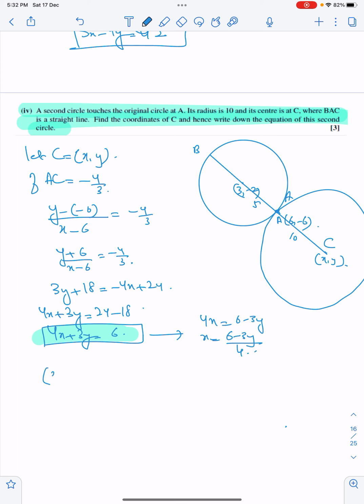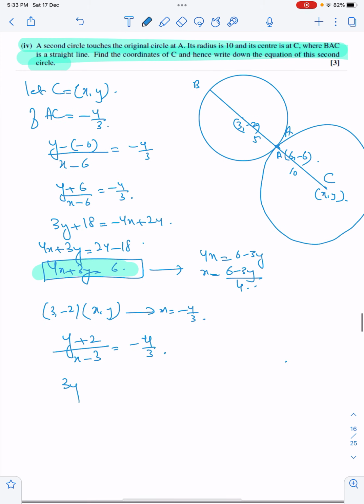So using 3 comma negative 2 and x comma y, and I know that the gradient is negative 4 upon 3, y plus 2 upon x minus 3 equals negative 4 upon 3. Okay, so 3y plus 6 equals negative 4x plus 12. I'm getting the same equation.